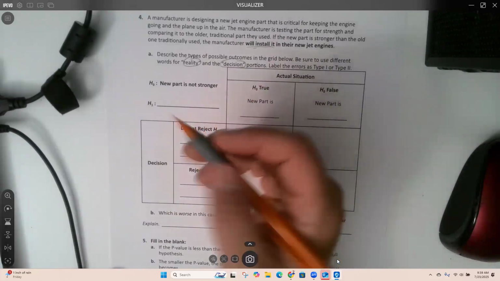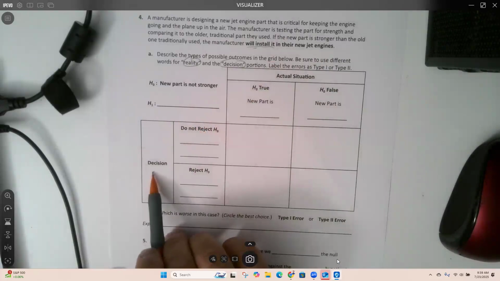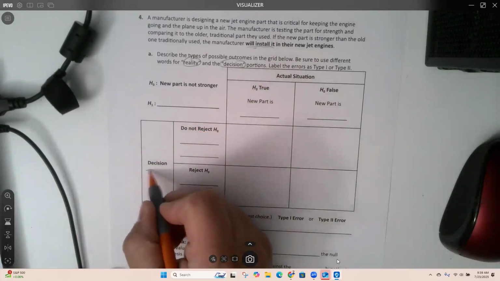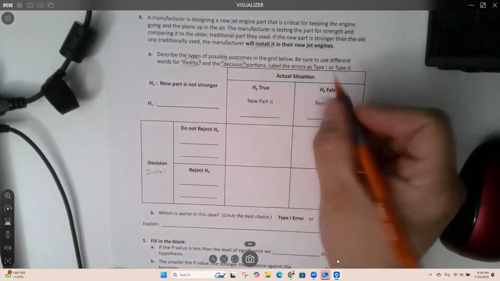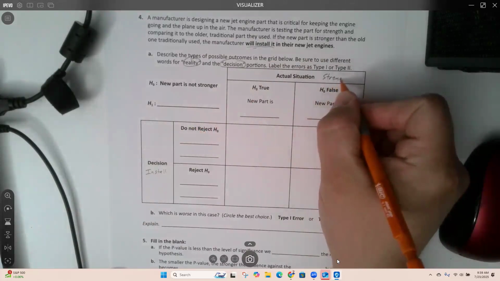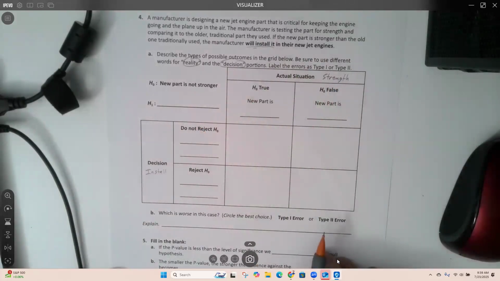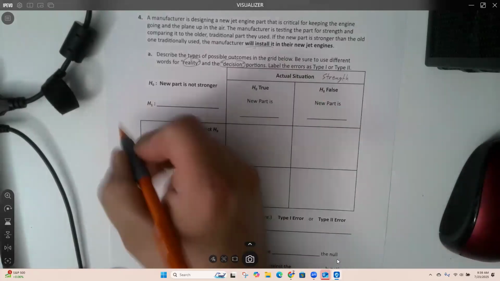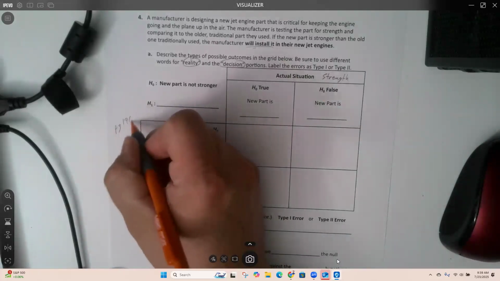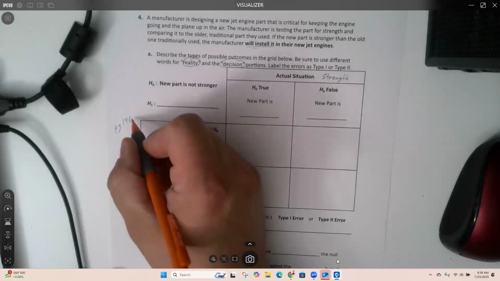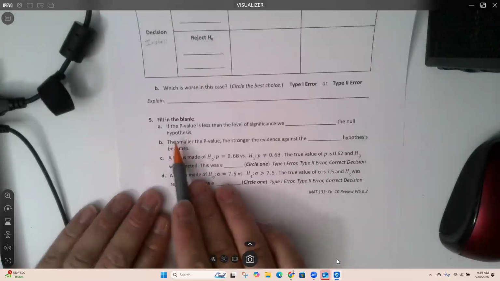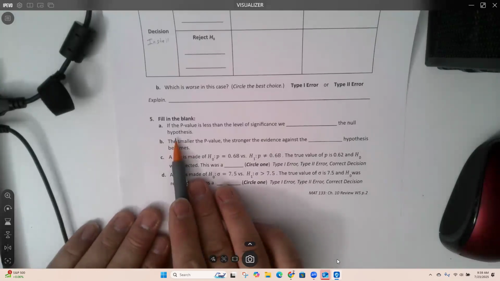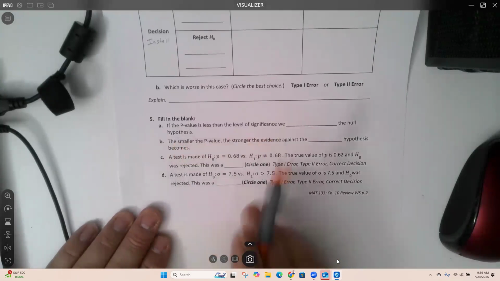So for this one, the decision is whether we install it or not. And up here is the strength of the engine part. You'll find information on this chart on page 196 through 198. The p-value is less than the level of significance.